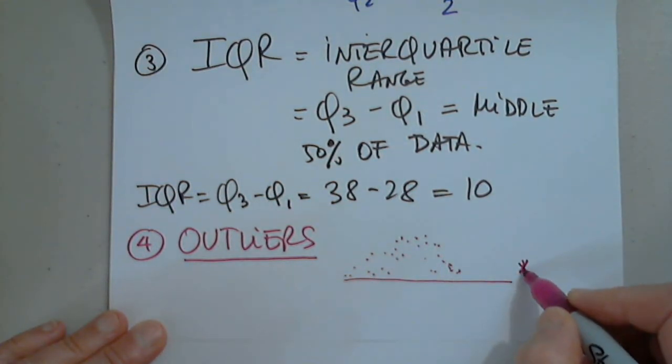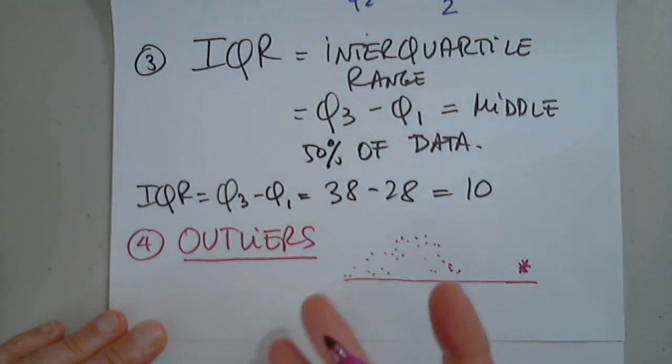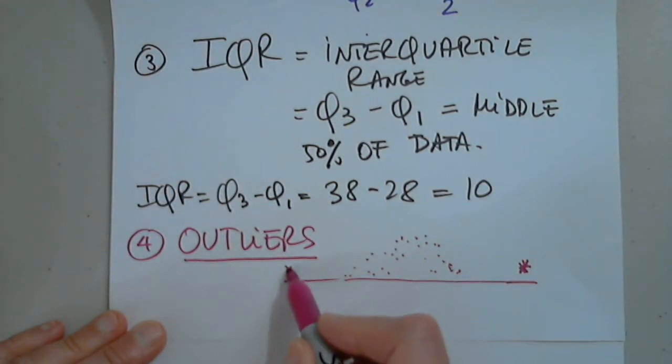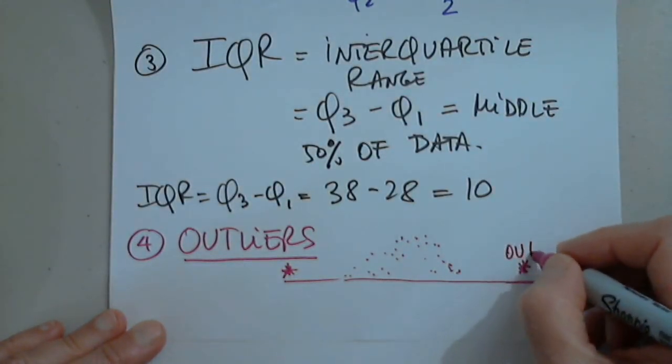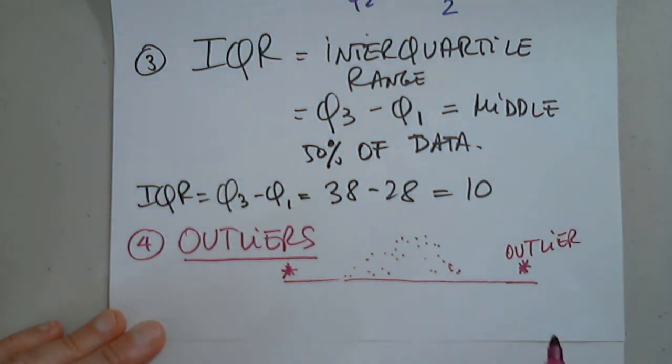But then I get one here, far out, or maybe I get one here, which are normally signified with stars like that. This is an outlier. Something unusual, far out, positive on the higher end or far out at the lower end.